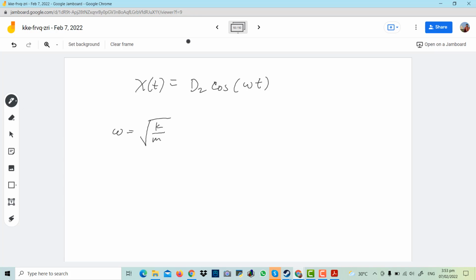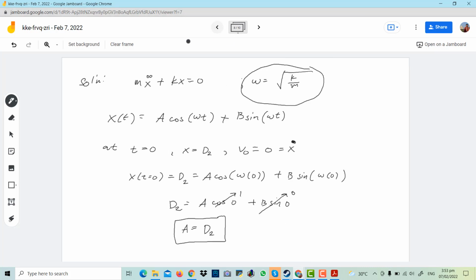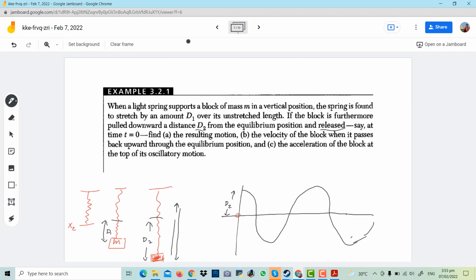Take note, at the new equilibrium position, you have this force f. The first condition is that the spring is found to stretch by an amount d1. So you can write f as equal to minus k d1 plus the weight of your mass m, which is m times g.